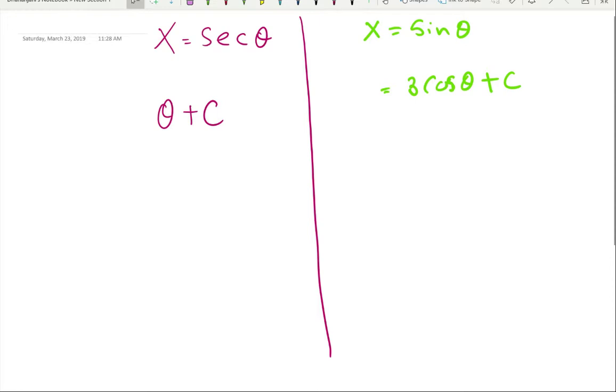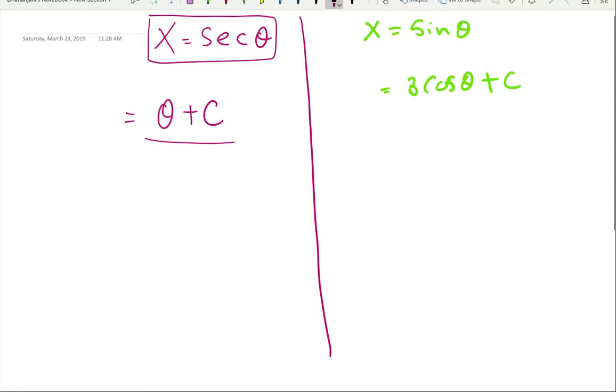Well, if you can remember, in the previous video we had our substitution x equal to secant theta, and once we were done with the integration we got theta plus c as the answer, right? Now you have to convert theta back into x, because your original problem was given in terms of x, so you have to rewrite your answer in terms of x.